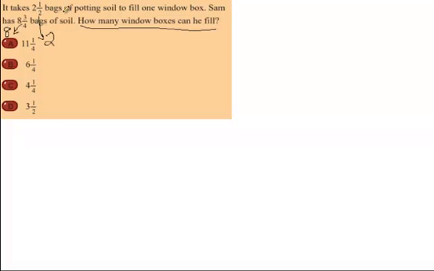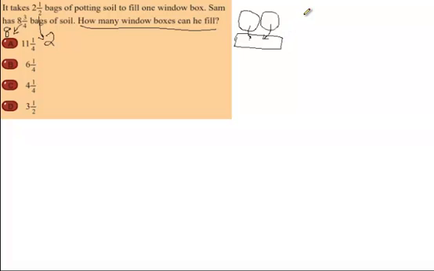It takes 2 bags of potting soil to fill one window box. Let me just visualize that. Here's a bag, there's another bag, takes 2 to fill this box. Imagine you're pouring soil into a box to make pretty little plants. Takes 2 bags to fill one box. Sam has 8 bags.